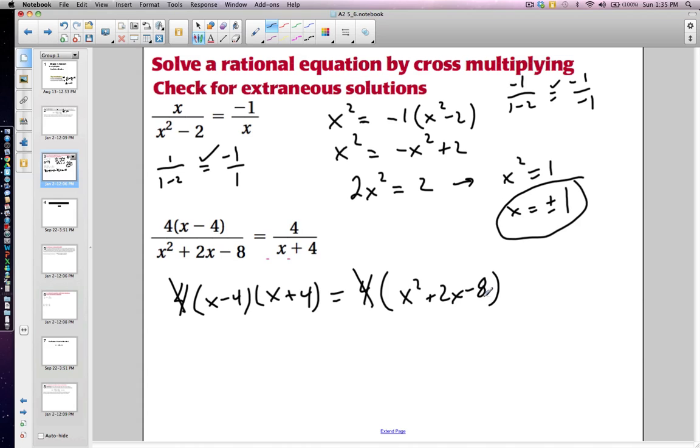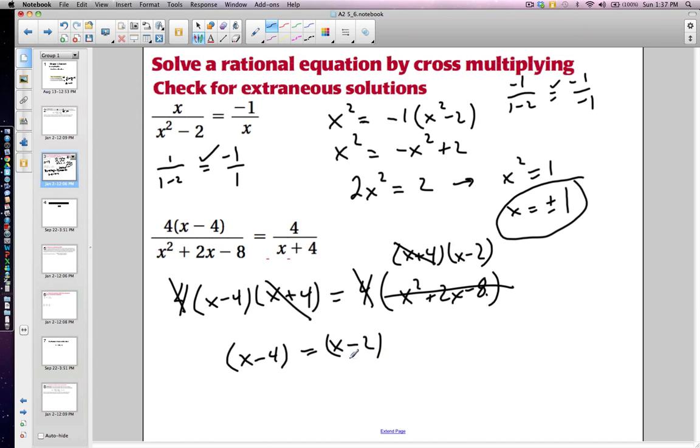Factors of 8 that have a difference of 2: 4 and 2, so this is going to be x plus 4 times x minus 2. One of the things this helps you do is, if you cancel common factors on either side of the equation by dividing both sides, it'll cut down the number of extraneous solutions you find. So I have x minus 4 equal to x minus 2.